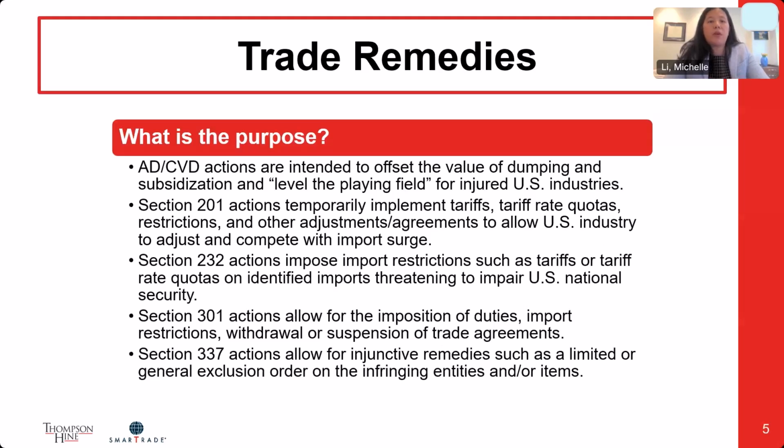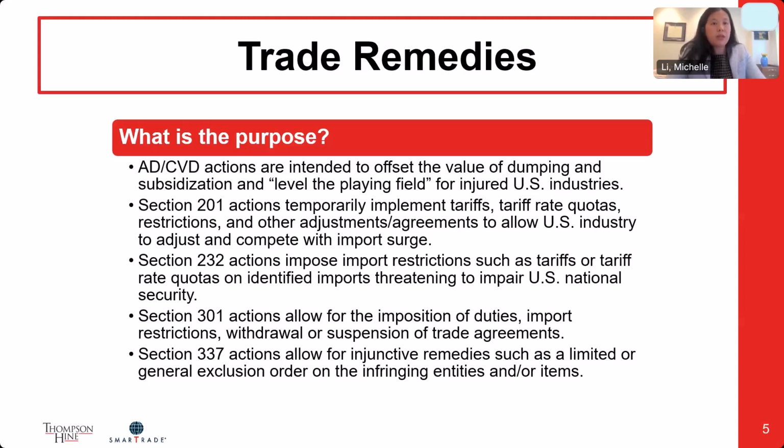What is the general purpose? I will not spend too much time on the purpose of the trade remedies because we will have a deep dive in each of the sessions. But overall, the trade remedies come in to help U.S. industries have relief against some unfair imports or something that they cannot deal with themselves, where, for example, the Section 201 safeguard action has to come in and give them temporary relief.